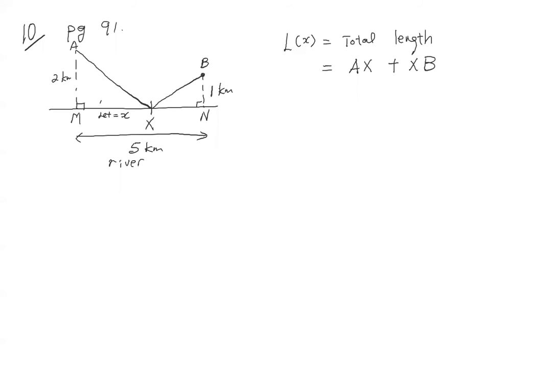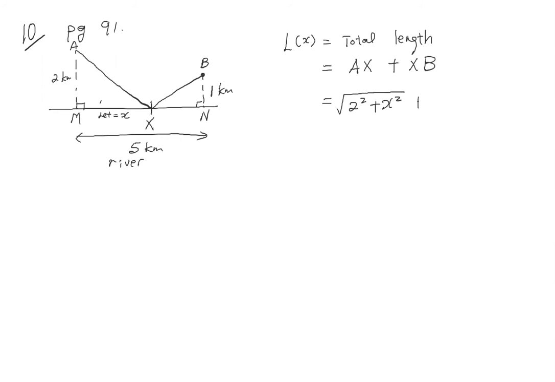Okay, so now, if I want to talk about finding AX in terms of X, it will be square root of 2 square plus X square. Am I right? Pythagoras theorem.